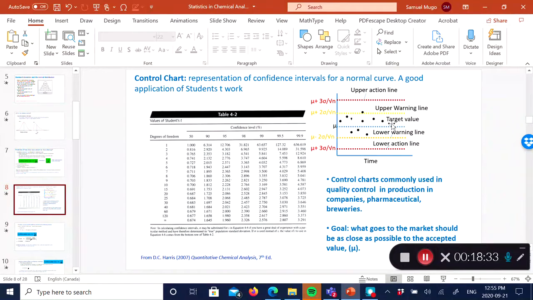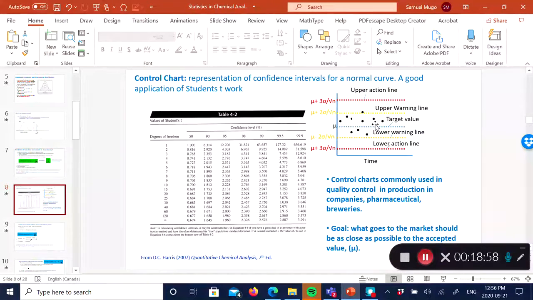So if you're doing, say, synthesis of a pharmaceutical product, say aspirin, the company wants to have, say, 200 milligrams of aspirin in that tablet. So that's going to be your mu value. But for every batch that you produce, there's always a bit of variability.